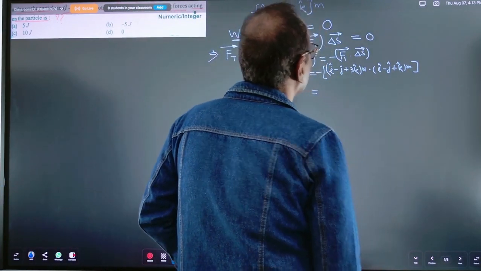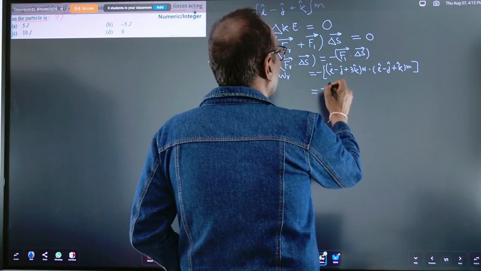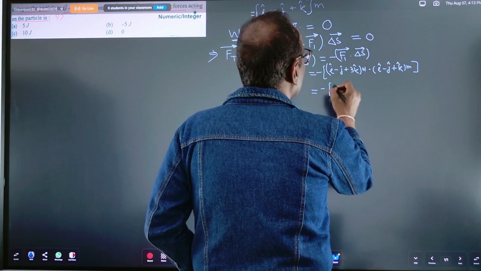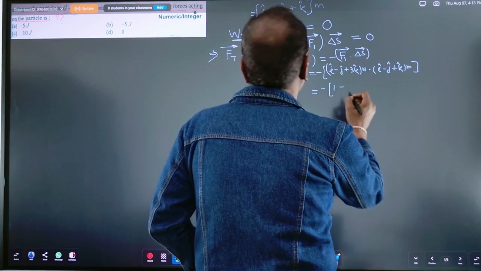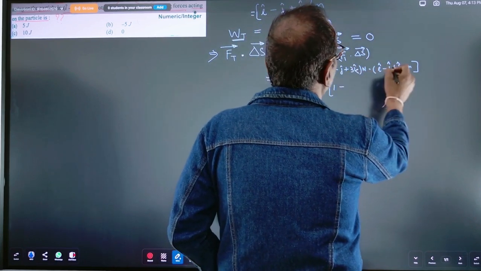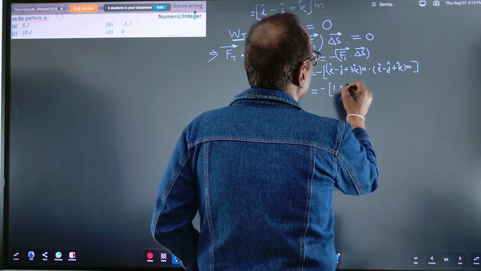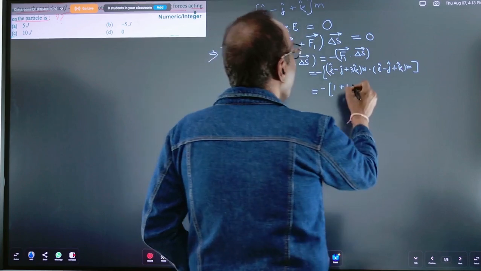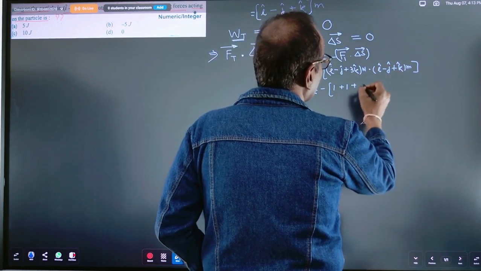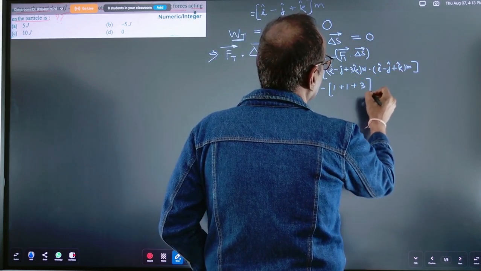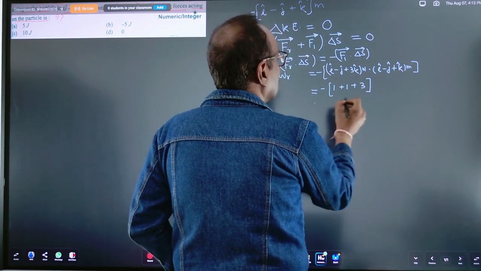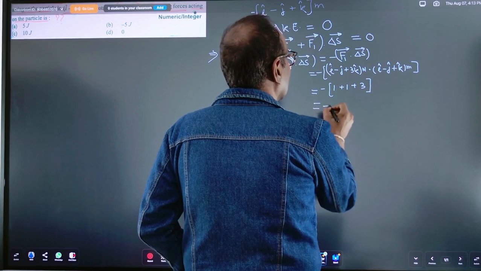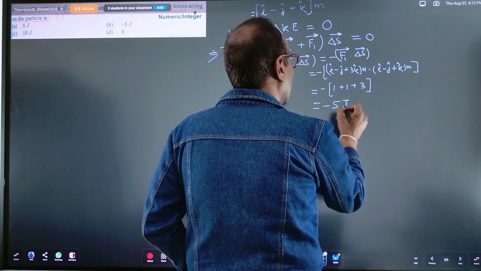Expand this. So you will be getting i dot i, 1, minus j, that becomes 1, 3k dot k is 3. So this is your minus 5 joule.